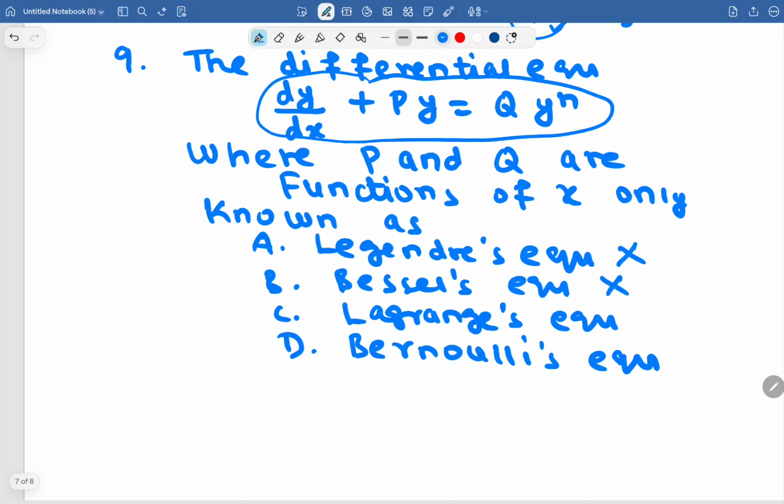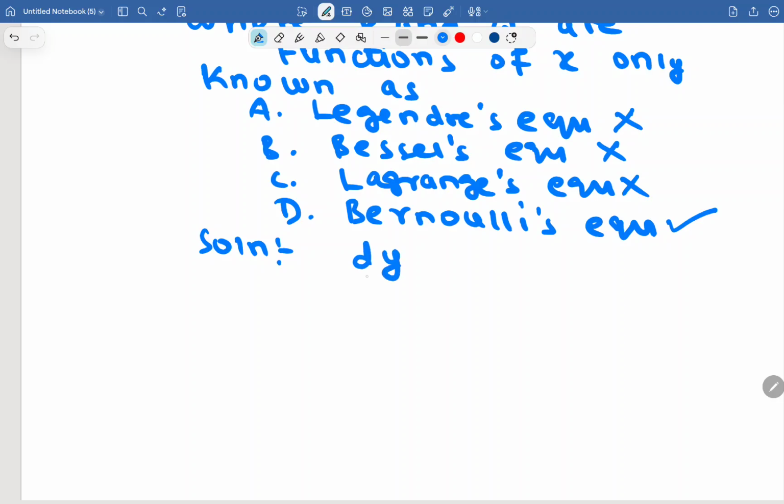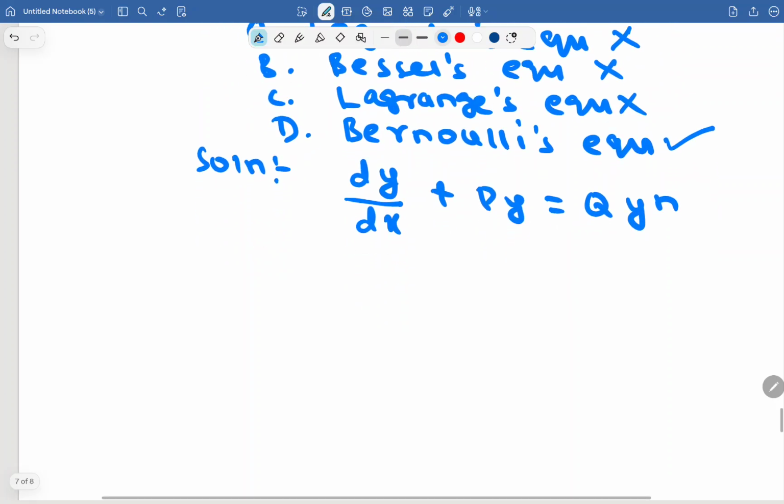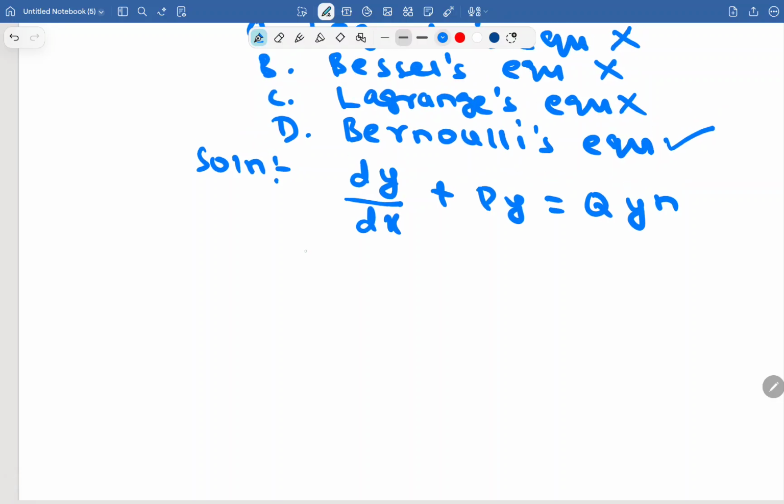not Legendre, not Bessel, not Lagrange, it is Bernoulli. Bernoulli's equation is of the form dy by dx plus py equals q y power n. In the same way, one must know the first order linear differential equation, that is of the form dy by dx plus py equal to q.